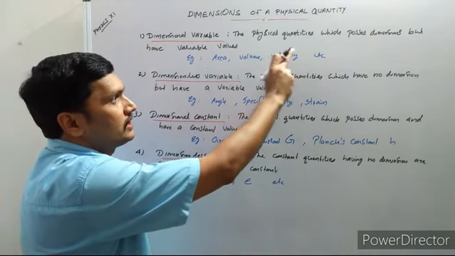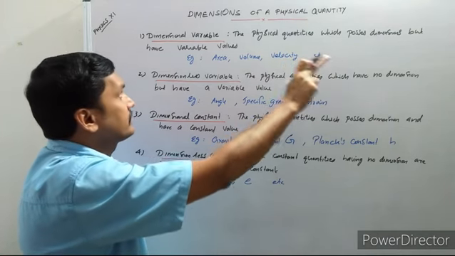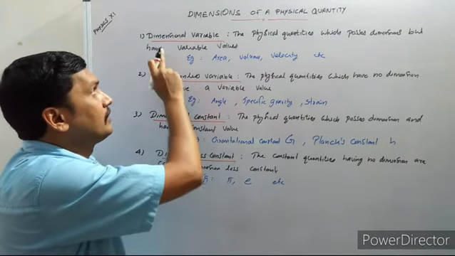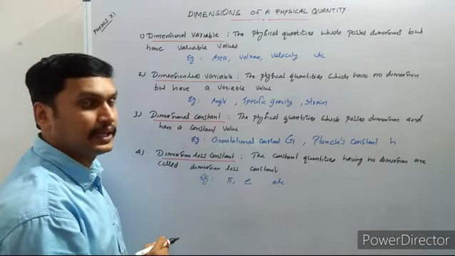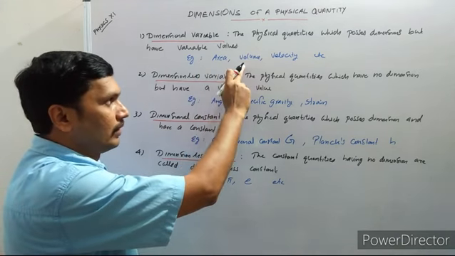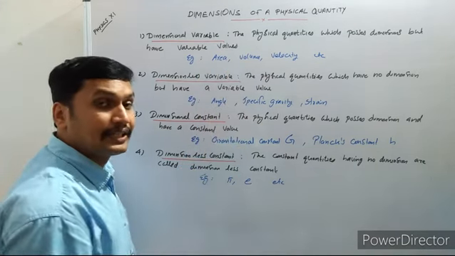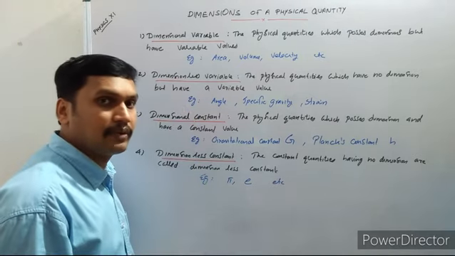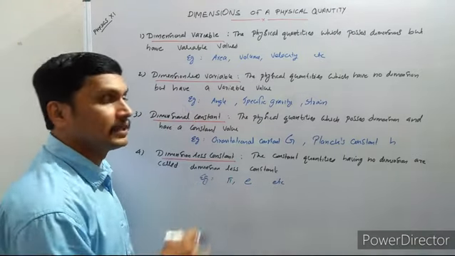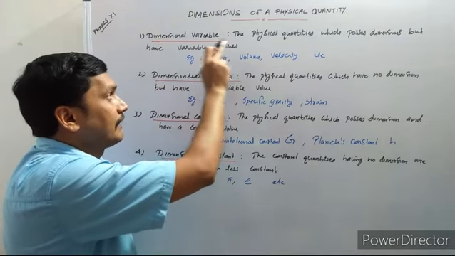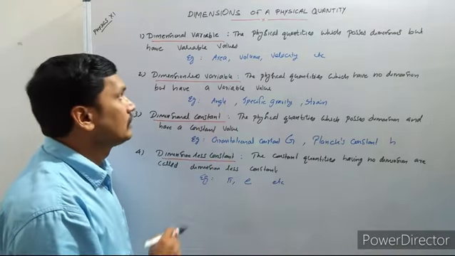Examples: area, volume, velocity are all dimensional variables. All these physical quantities can have different values, so they are variable, but they have a dimension. So they are known as dimensional variables.